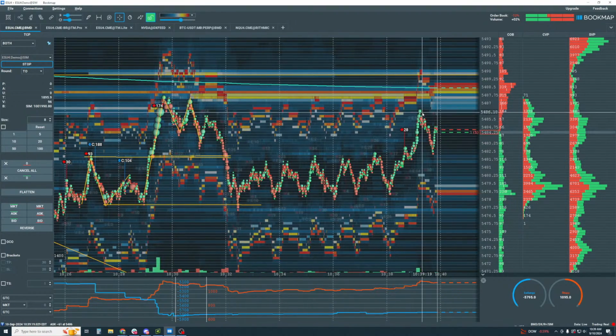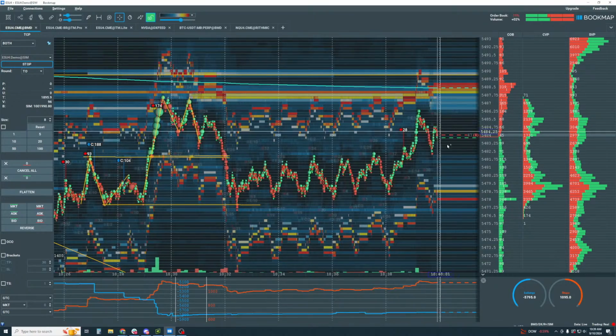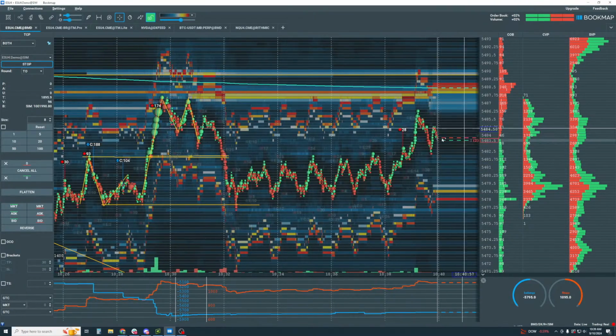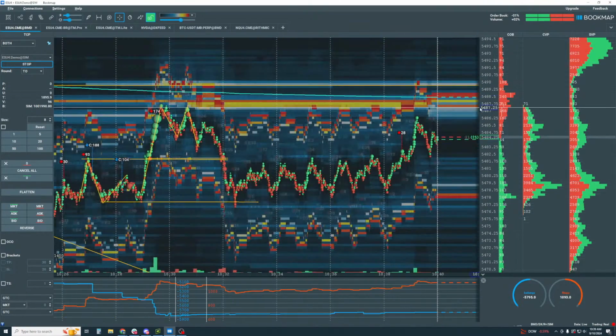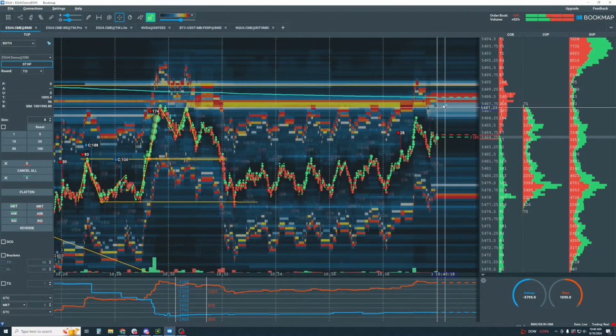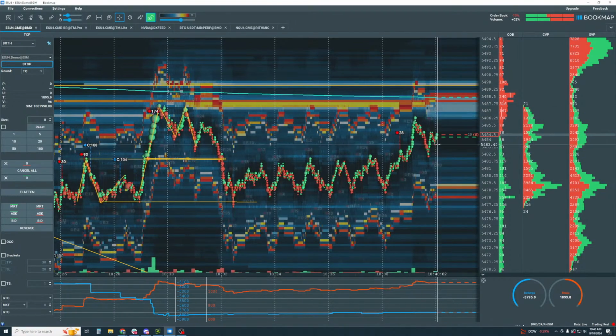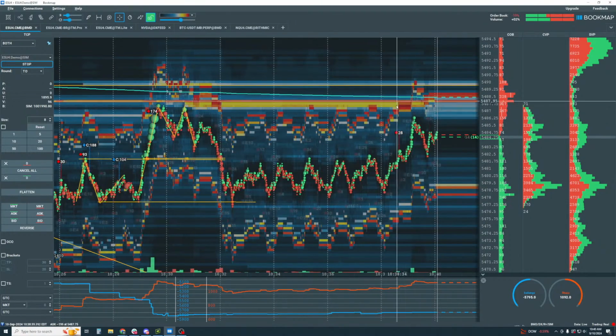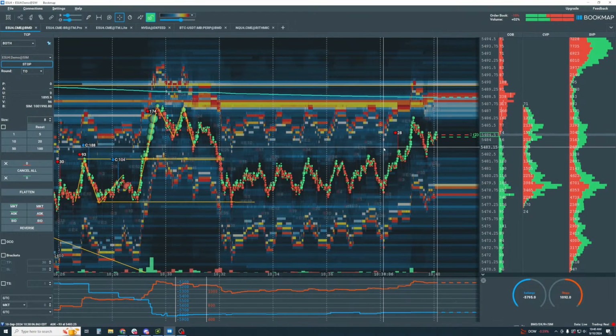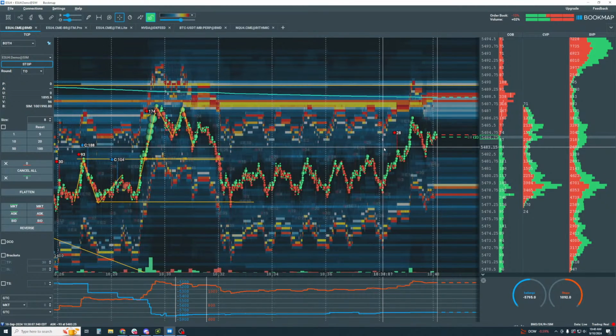We got up to about 86 and a quarter, but I'm not giving up on the buyers yet. The offer is also starting to show some interest up here, so I'm still looking for the test back up into here though. Still more buyers here.